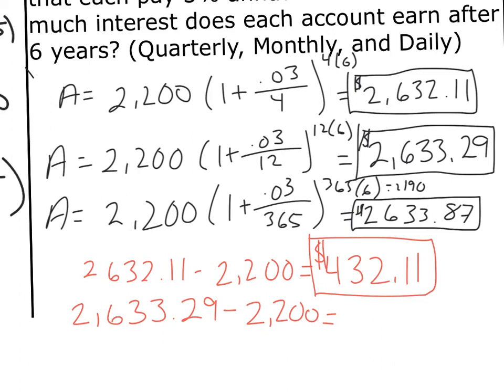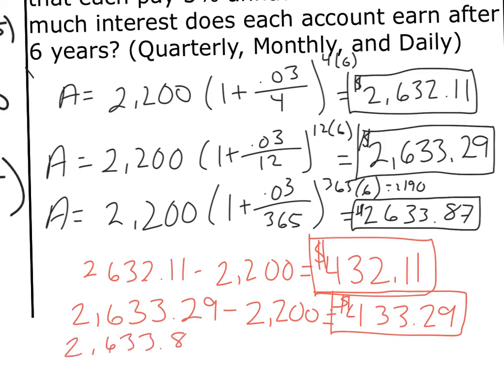That gives me $433.29. And then let's do $2,633.87 minus 2,200. That gives me $433.87. Okay? And there you go.